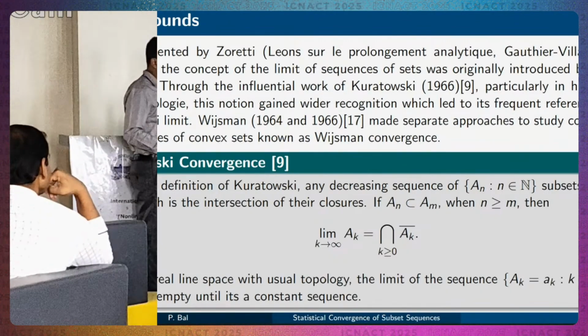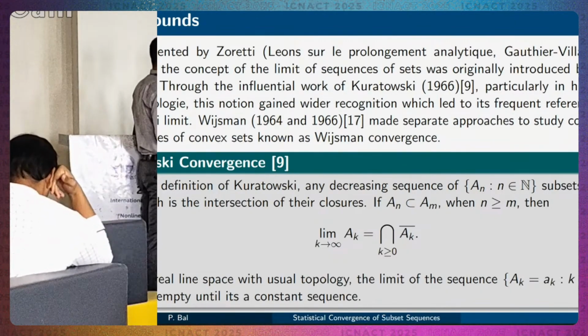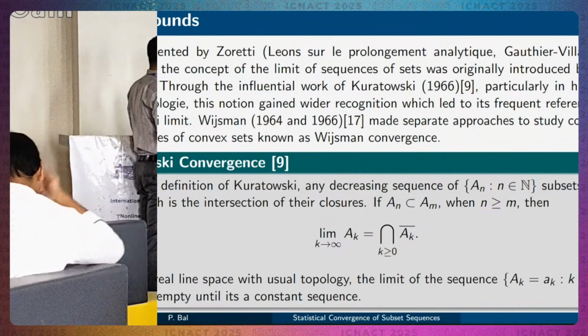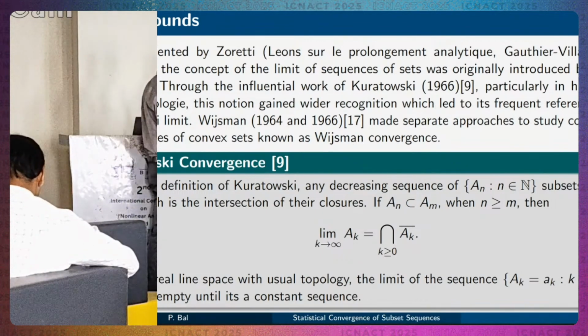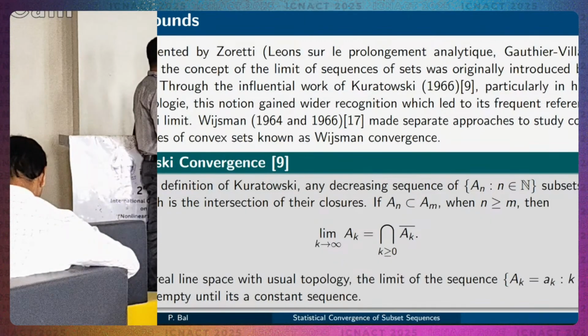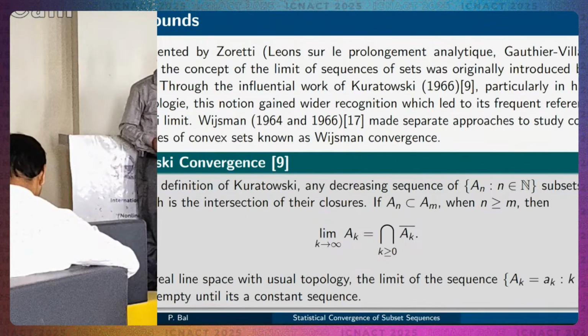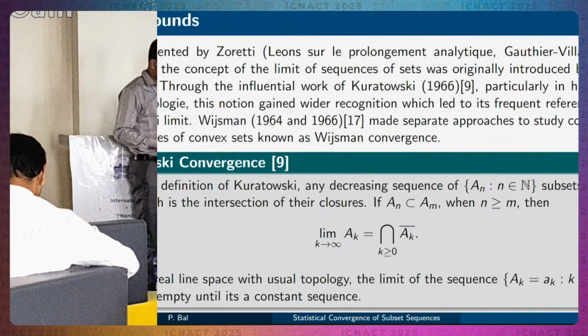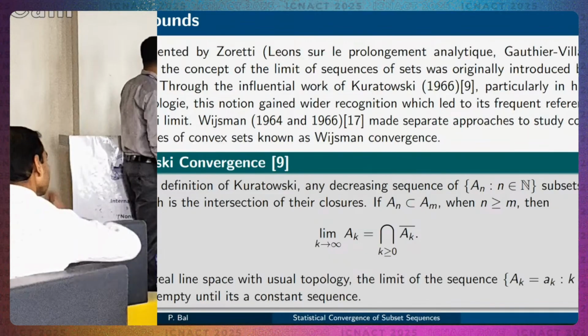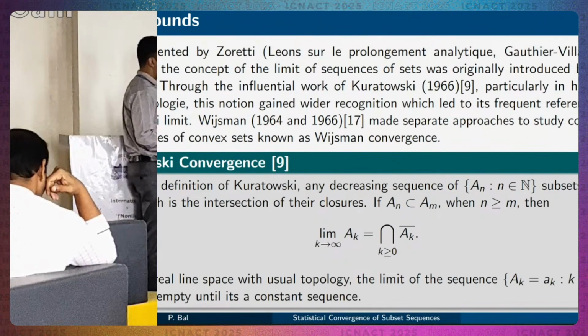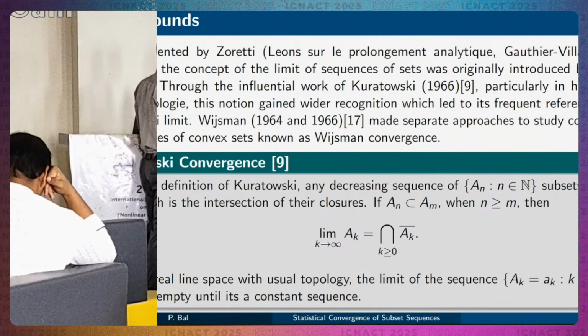So, can we go for any type of sequences? If we go for any type of sequence, say a sequence of singleton sets in the usual topology, every singleton sequence will have the limit empty set unless it is a constant sequence.